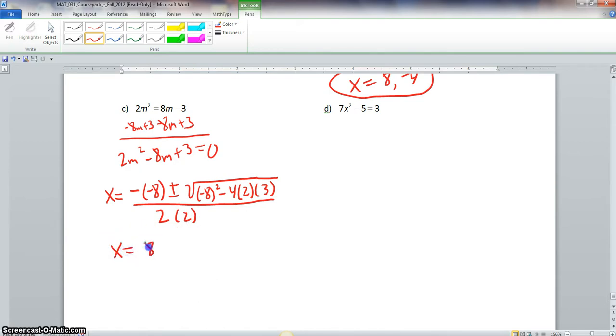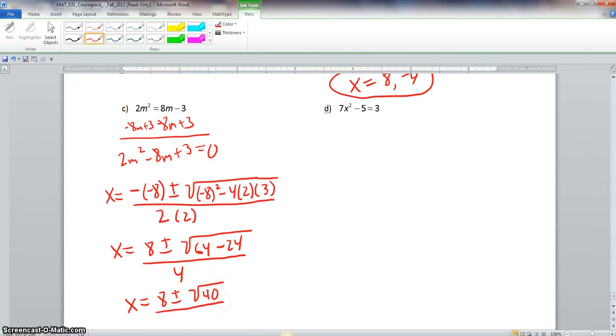So we have x is equal to 8 plus or minus the square root of 64 minus 4 times 2 is 8, minus 8 times 3 is minus 24, and that's all over 4. So we have x is equal to 8 plus or minus the square root of 40 all over 4.